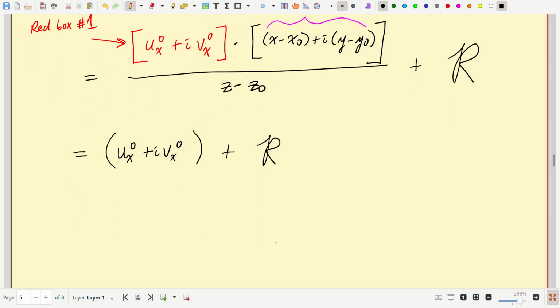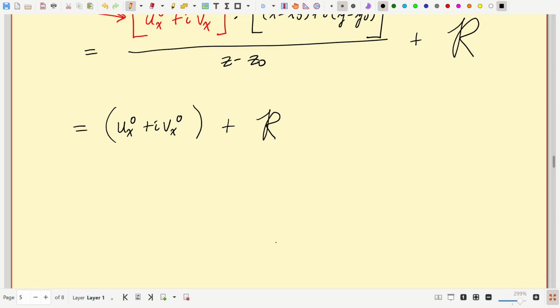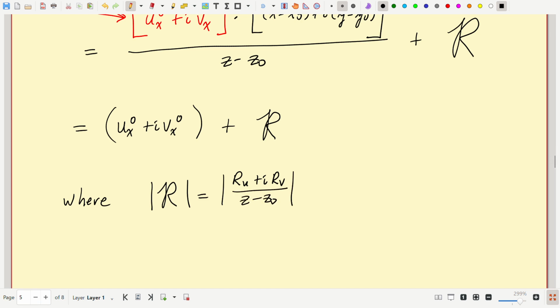And of course that remainder is going to go to 0 fast enough. The modulus of the remainder is equal to the modulus of Ru plus i Rv over z minus z naught, which is less than or equal to Ru over the square root of that big mess, that's the distance there, plus Rv over the distance from z to z naught.